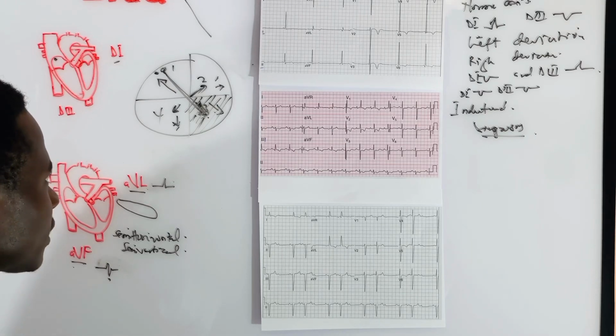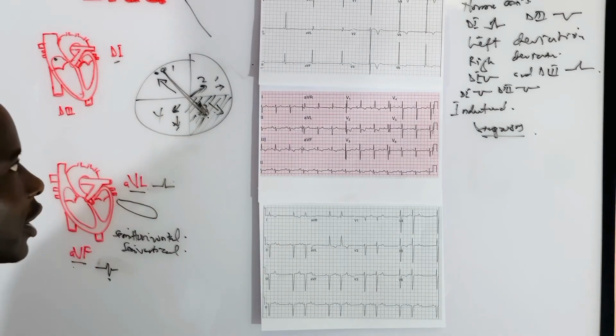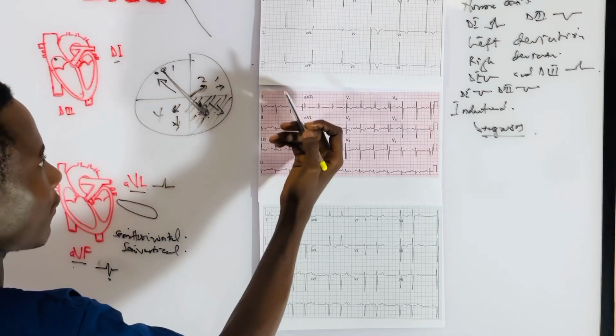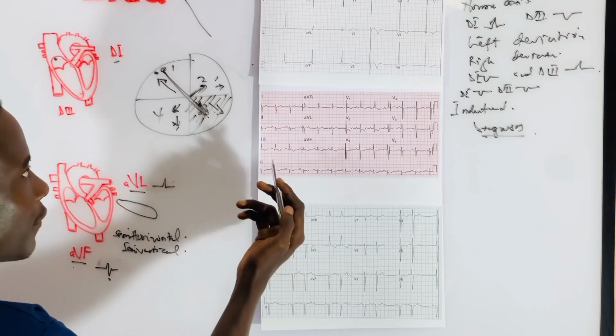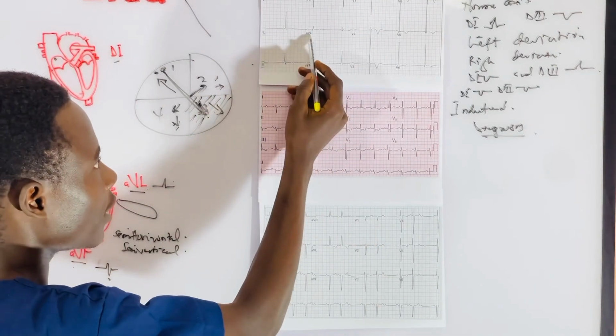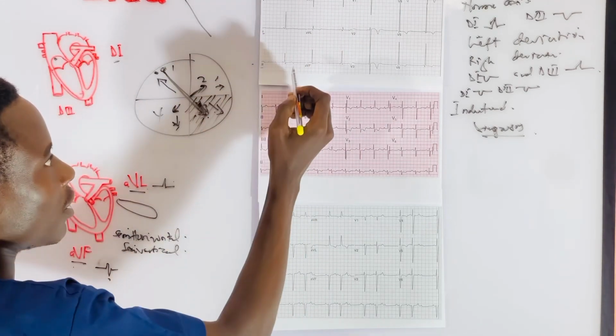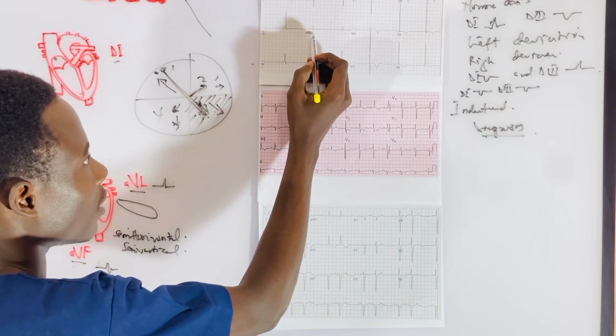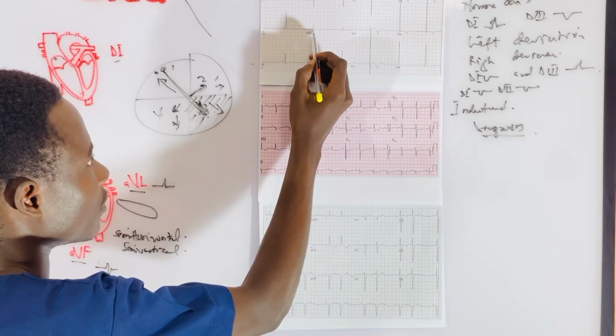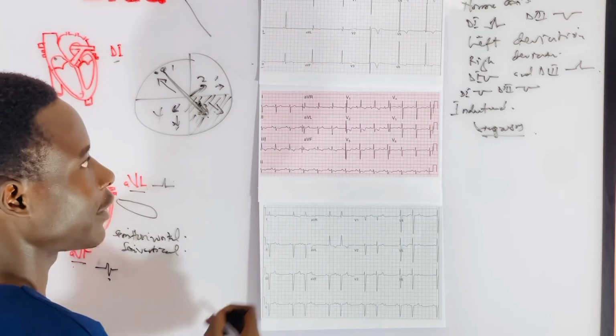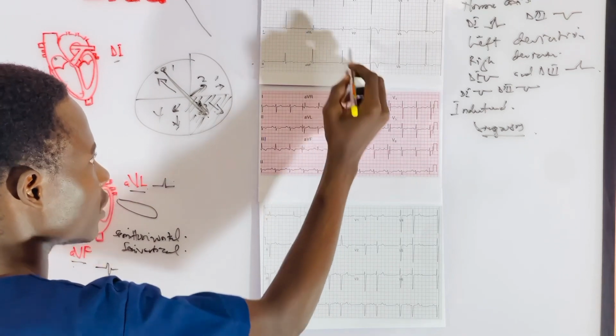Now let's check that one too on the graph over here. When you take the graph, we are making reference to the position, so the AVL and then the AVF. Now here the AVL is positive. They are positive over here. The AVF too is positive.